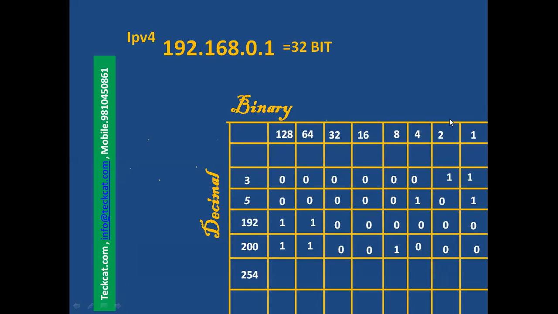So when you add 128 plus 64 plus 32 plus 16 plus 8 plus 4 plus 2, not 1. So the binary of 254 is 1, 1, 1, 1, 1, 1, 1, and the last is 0.